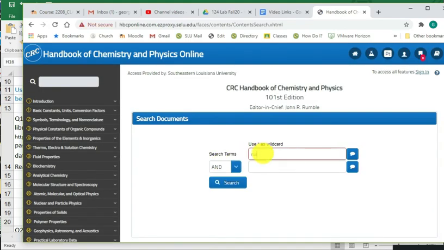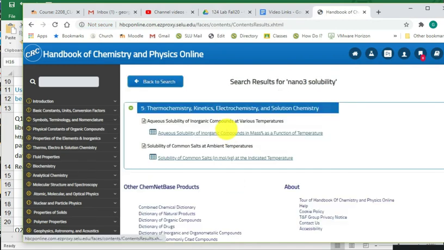And I'm going to look up NaNO3 solubility. Turns out all the solubilities are in the same search, in this big, large table, the aqueous solubility table.